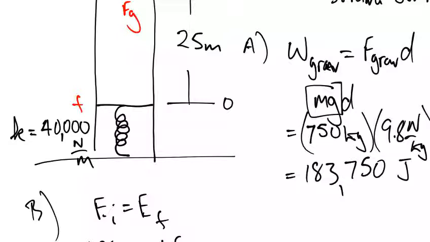Let me try that again. 2 times 9.8 times 25, and then I have to take the square root. It's 22.1 meters per second before it hits. So right about at this location here, that's the velocity.